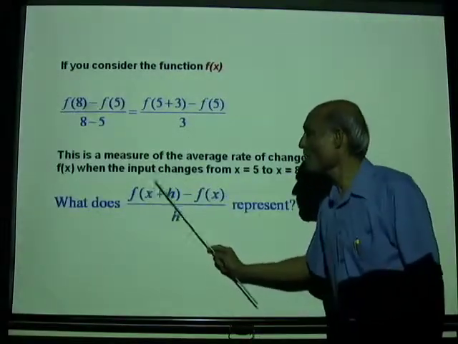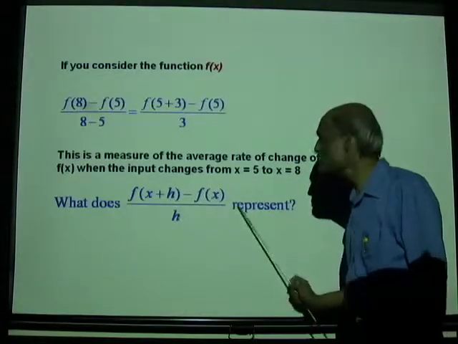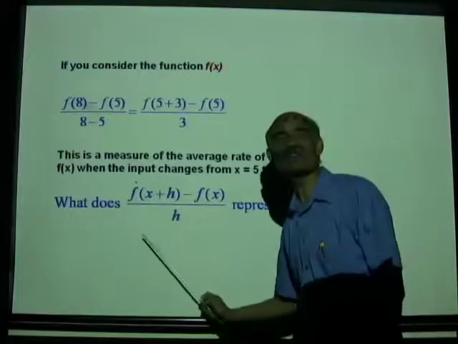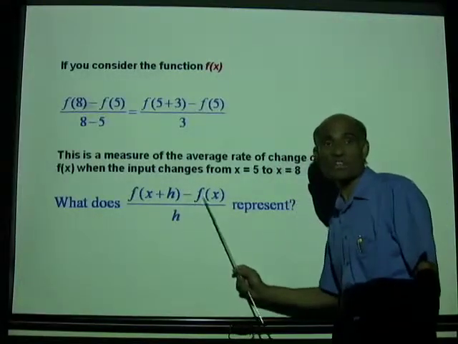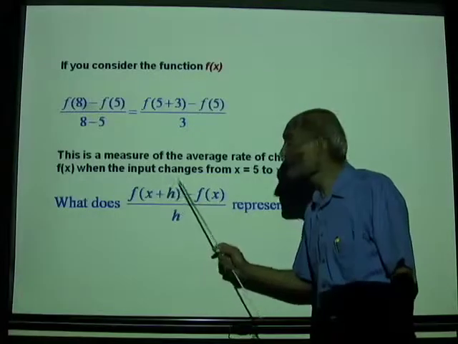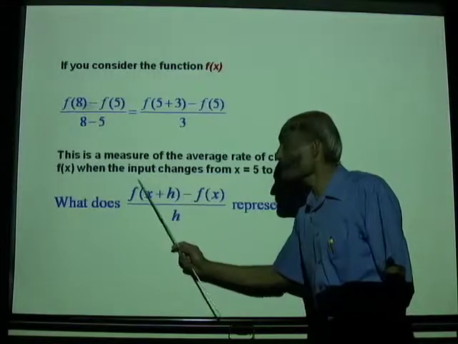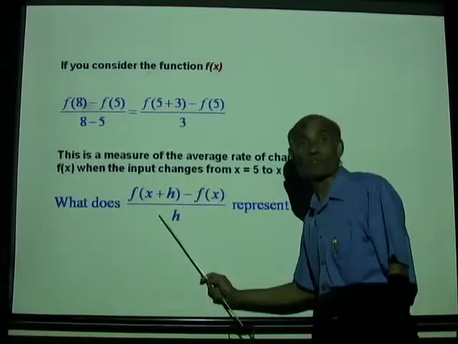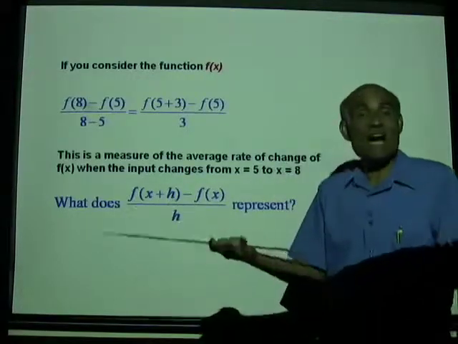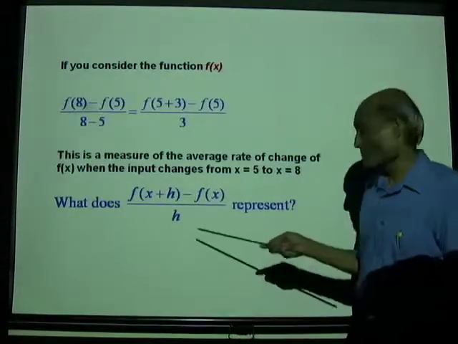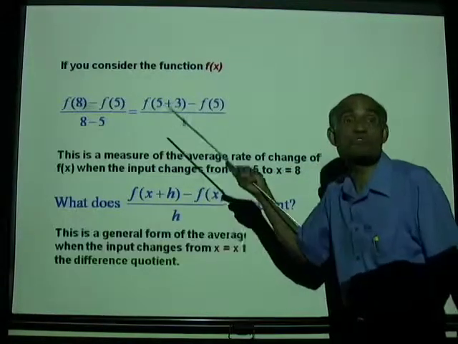What does f of x plus h minus f of x over h then represent? What is the meaning of this quantity? Well, this is the change in the output when the input changes by a quantity h. So, change in the output divided by change in the input is a measure of the average rate of change when the input changes by a quantity called h.